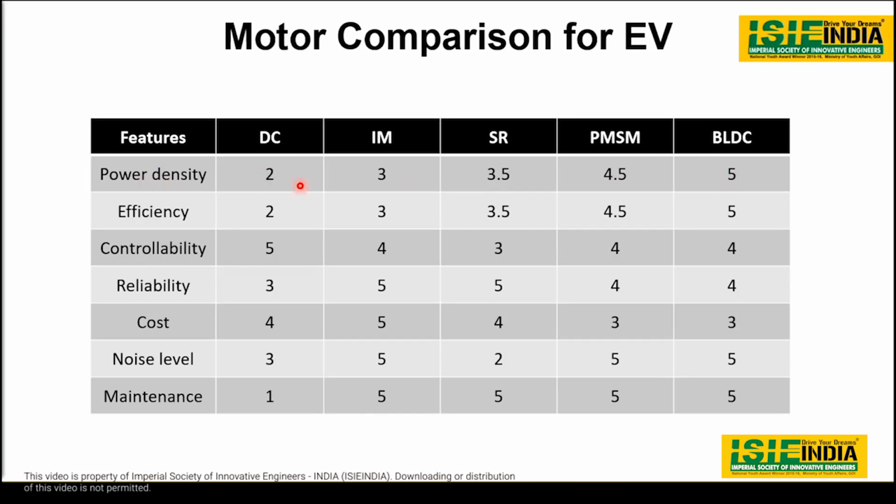So the DC motor can give you a power density of 2 units only per kg, while comparing with others, the induction motor can give you 3, SRM can give you 3.5, PMSM can give you 4.5, BLDC can give you 5. So which motor can give you high power? That is power density. Then this is the BLDC motor. This is the actual reason why a few people go for only BLDC, even though it has other problems also.